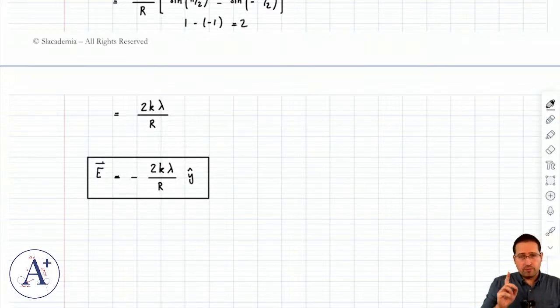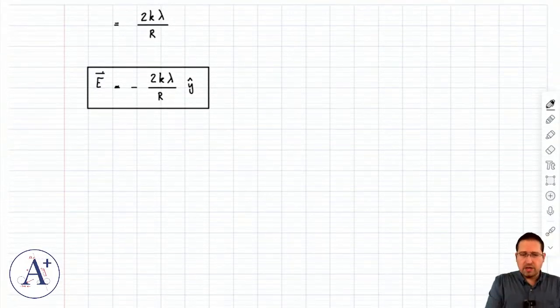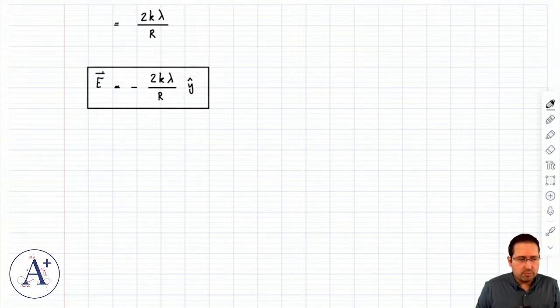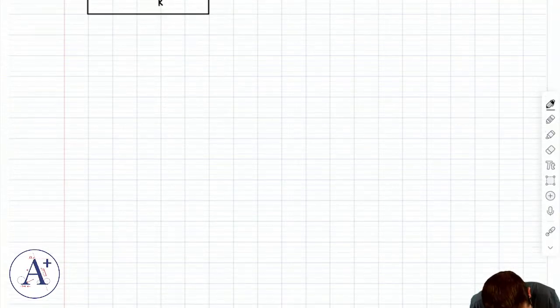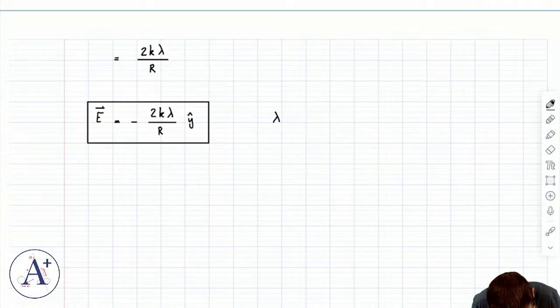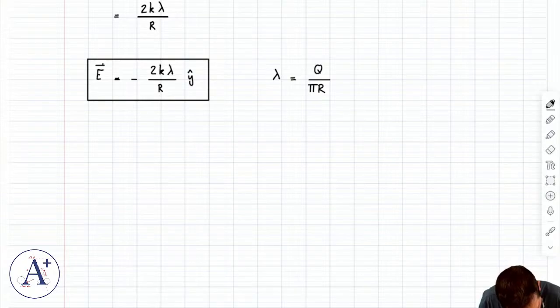Now, a few things. First of all, this is magnitude and direction, so that's good, you need both. Second, it depends on the problem what your answer looks like. So recall that here we actually said lambda is q over pi r. Okay?